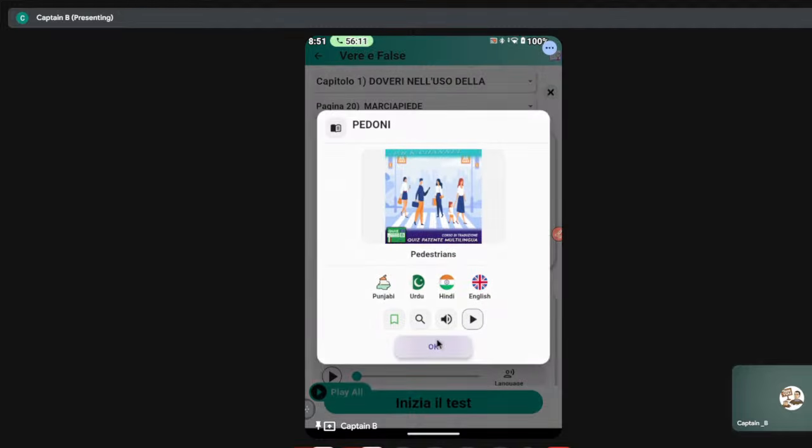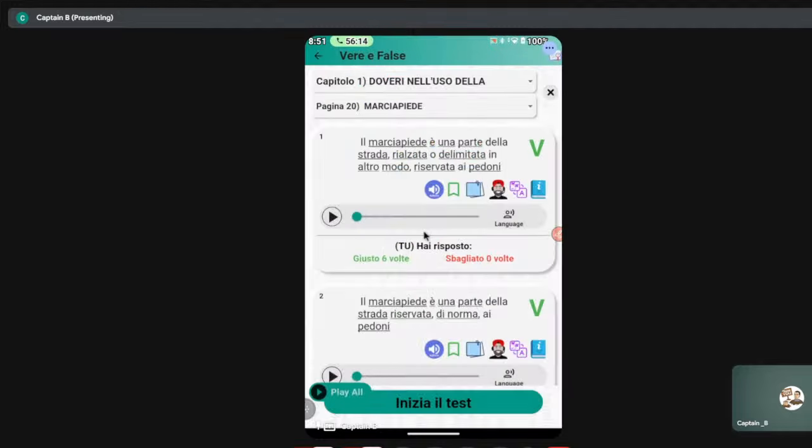All right. So now it's saying that this marciapiede is a part of the road, raised, or otherwise. Normally not all of the pedestrian part is raised. Some of the pedestrian part is flat, but it is separated with a line. And it says delimitata, which is delimited in altro modo, delimited in another way, riservata ai pedoni, reserved for pedestrians.